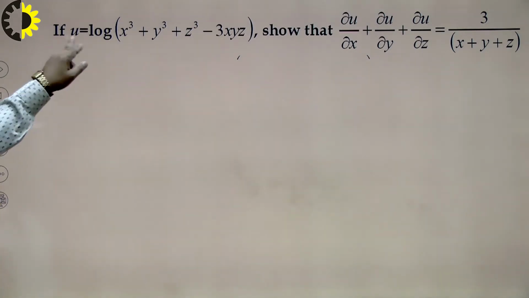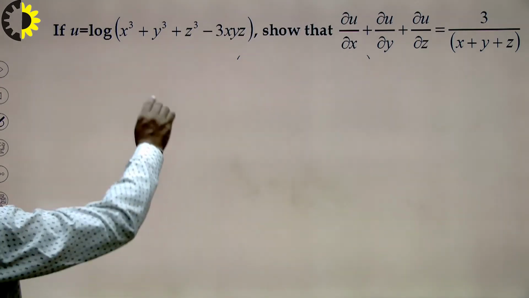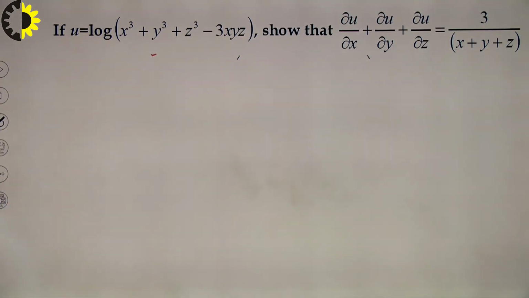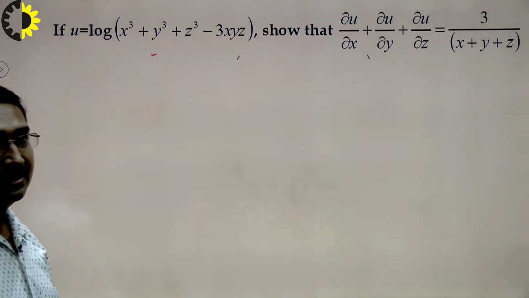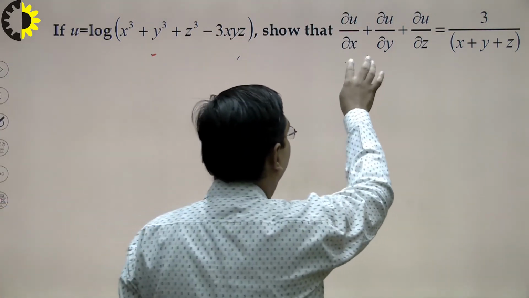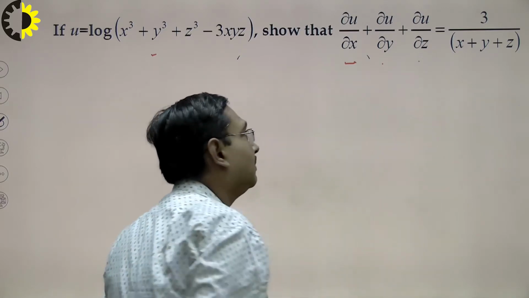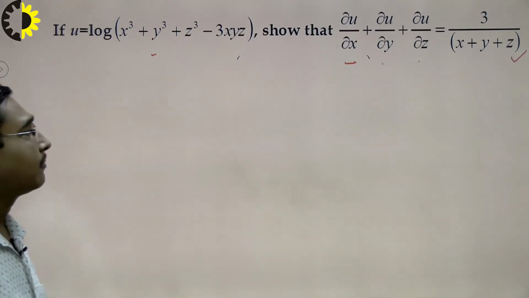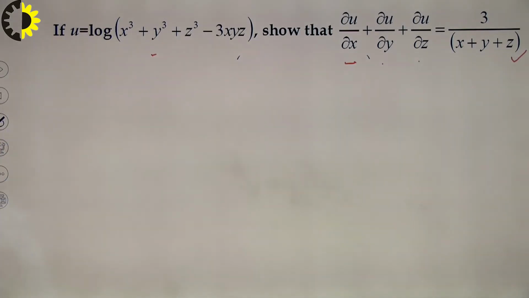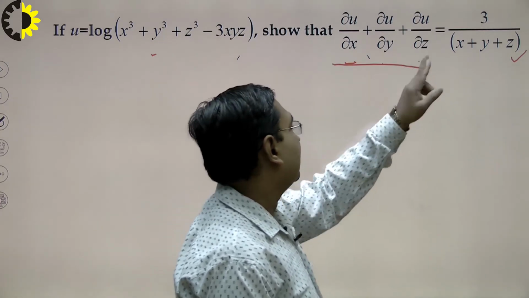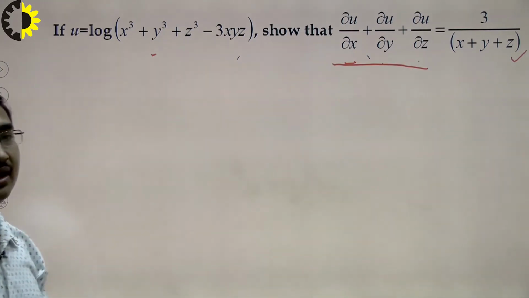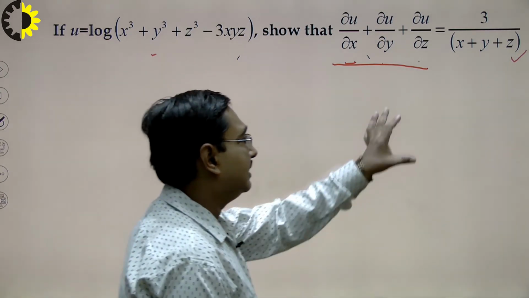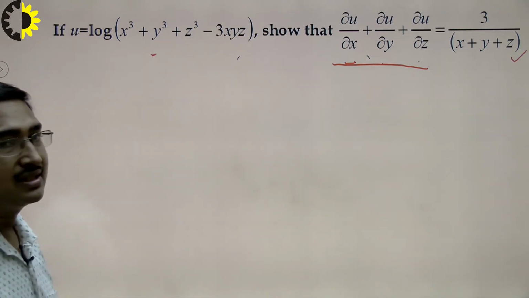The example says, if u equals log of (x cube plus y cube plus z cube minus 3xyz), show that del u over del x plus del u over del y plus del u over del z equals 3 upon (x plus y plus z). u is given as a function of 3 independent variables x, y and z, and we would like to show that this expression is 3 upon (x plus y plus z).